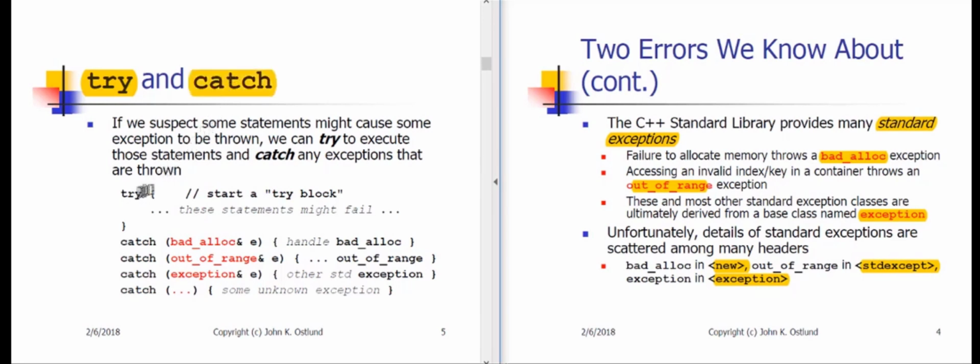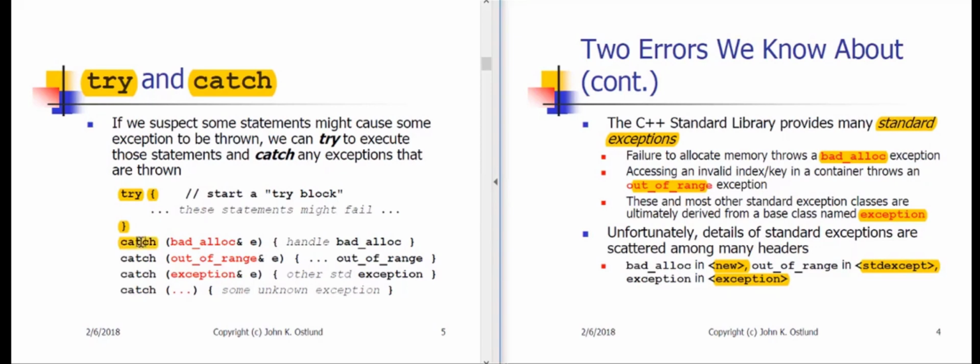A try block consists literally of the word try, and then an open curly brace, followed by a sequence of statements, followed by a closing curly brace. And what that means is we are going to try to execute these statements. We are hoping that these statements will all succeed, but it's possible that one of them will fail and throw an exception.